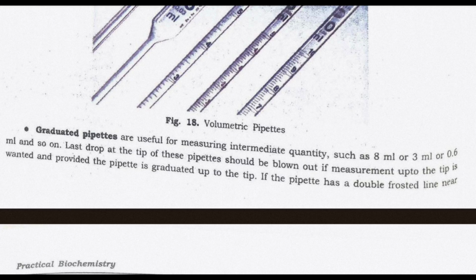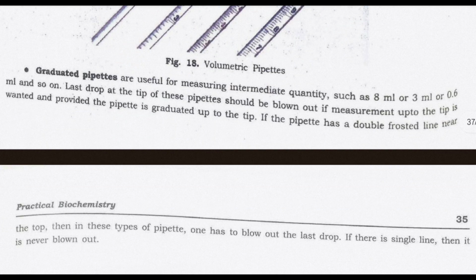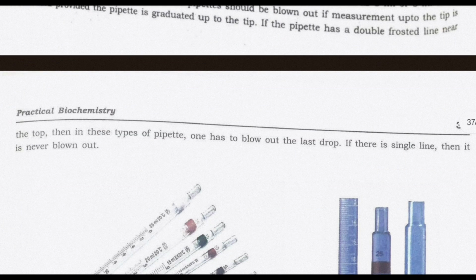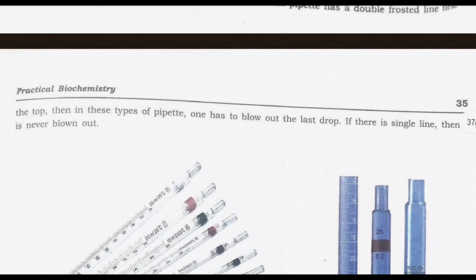If the pipette has a double frosted line near the top, then in this type of pipette, one has to blow out the last drop. If there is a single line, then it is never blown out.